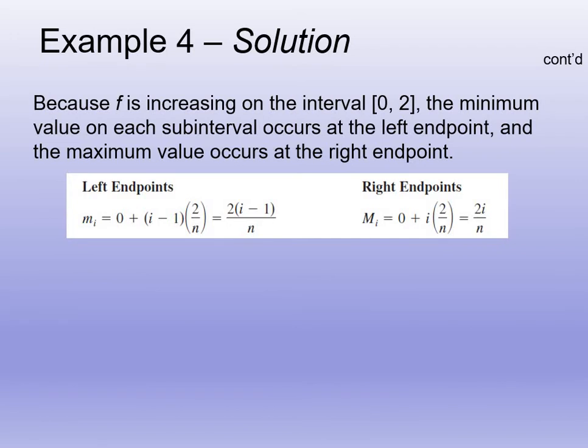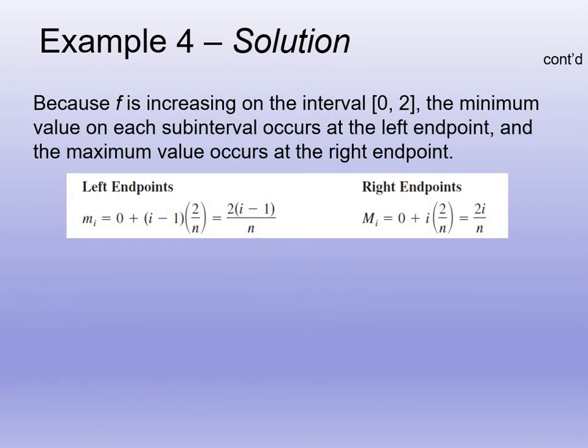Okay, so when we do the left endpoints, we're going to get 2 times (i minus 1) over n. And when we do the right endpoints, when we simplify down, we're going to get 2i divided by n. Okay? So the i minus 1 is how we handle left endpoints. The i is what we're just going to do with the right endpoints.